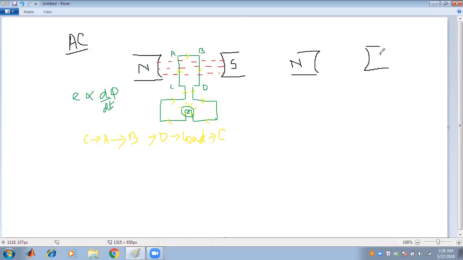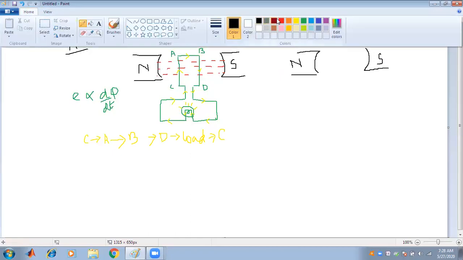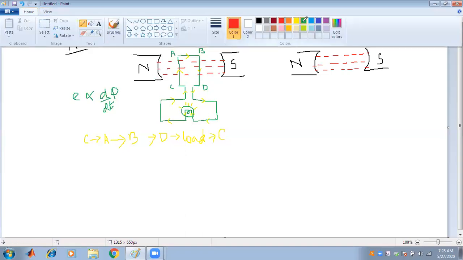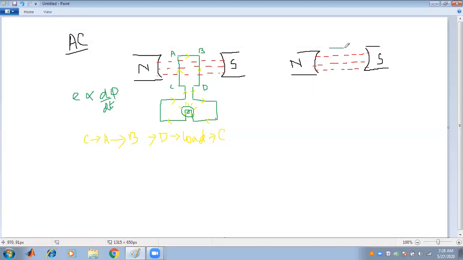Say after a 180-degree rotation of the conductor, the position of the conductor will be changed, though it is again a steady north and south pole field. The position of the conductor is totally changed. Let us take the conductor here and it is connected to the load.